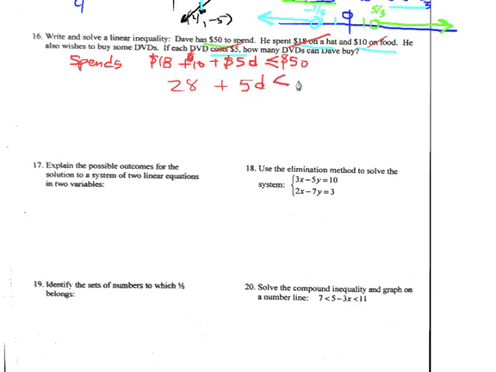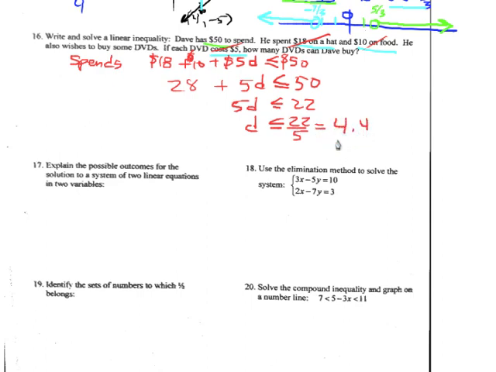This has got to be less than or equal to 50. Subtracting 28 from both sides, we get 5D less than or equal to 22, or D less than or equal to 22 divided by 5, which, if you go to your calculator, is 4.4.